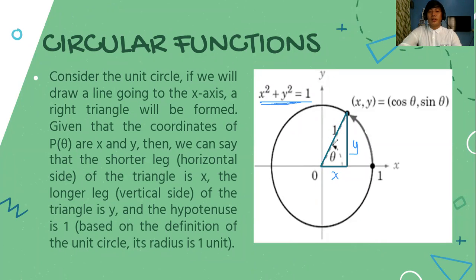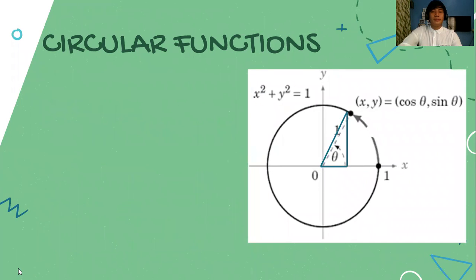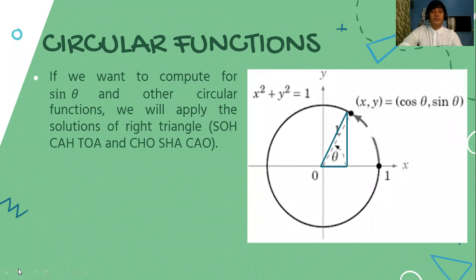So notice that we could form ratios of the sides here. For example, do you still remember SOHCAHTOA? If you want to compute the sine theta of a function and the other circular functions, we will apply SOHCAHTOA and COSACAO.